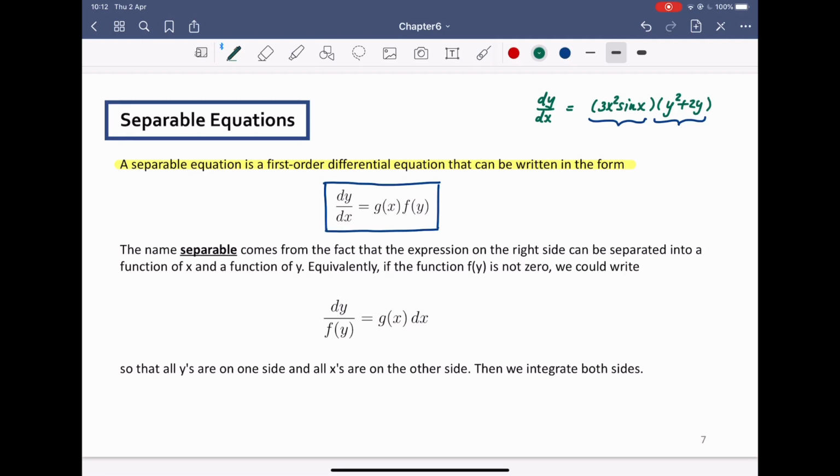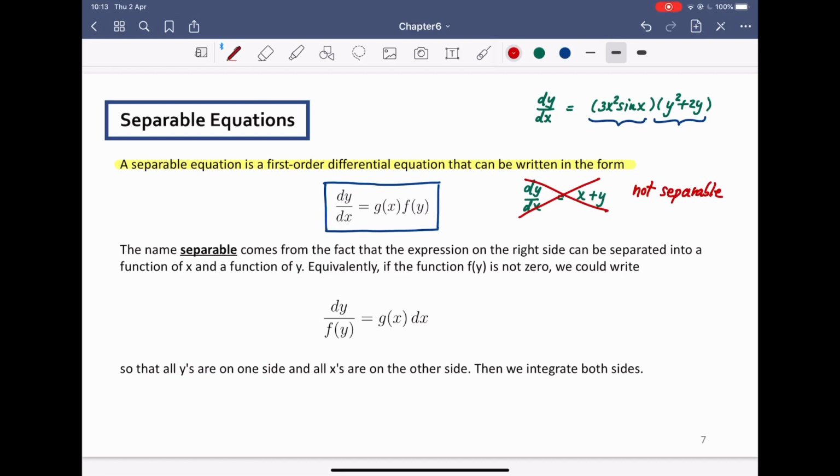But if I have a differential equation dy/dx equals x plus y, even though this is simple, it is not separable, because on the right hand side you don't have a product of a function of x times a function of y. Does it make sense?